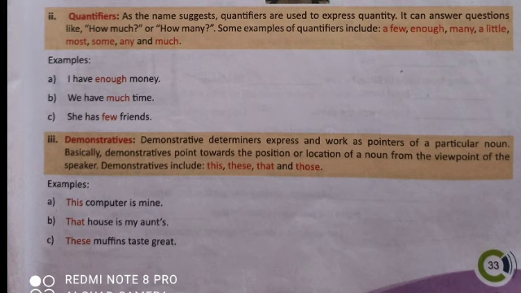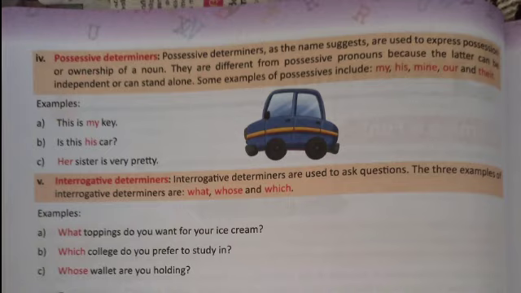Fourth one, possessive determiners. Possessive determiners, as the name suggests, are used to express possession or ownership of a noun. It is already familiar to you. Possessive determiners are different from possessive pronouns. In the last chapter you studied possessive pronouns.